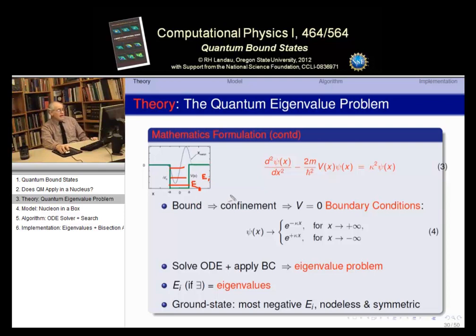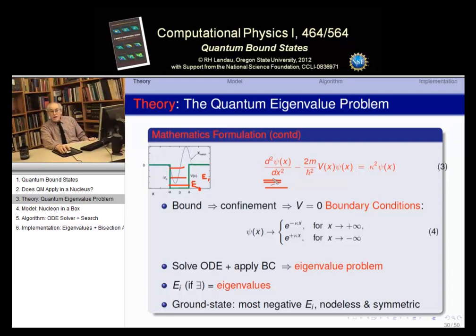Now, in quantum mechanics, right here, we have the Schroedinger equation. What is this term? It's the second derivative. It's the curvature. And it says that the curvier the wave function, you like that word, the more energy it has. And usually there's a minus sign here.